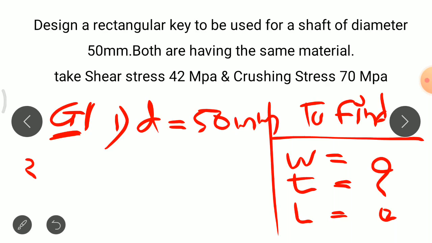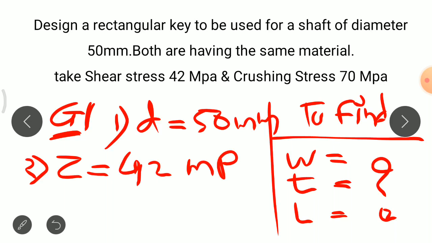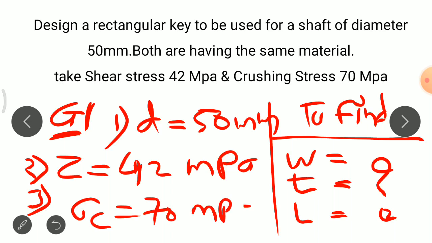The second quantity is shear stress, maximum allowable, 42 MPa, that is Newton per mm square, and I will write the unit the same as given in the problem. And the third quantity, crushing stress, sigma c, is equal to 70 MPa.